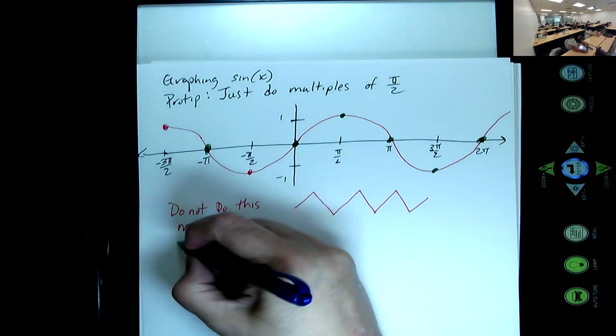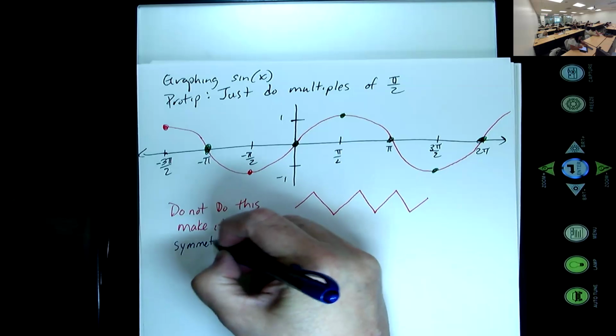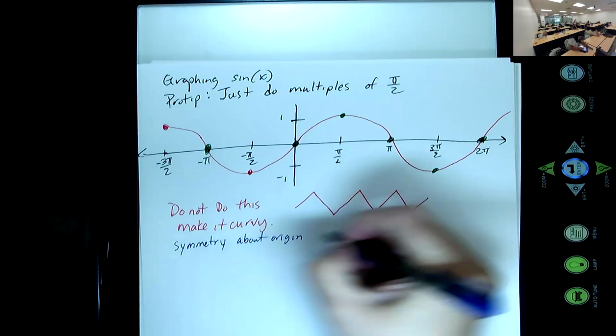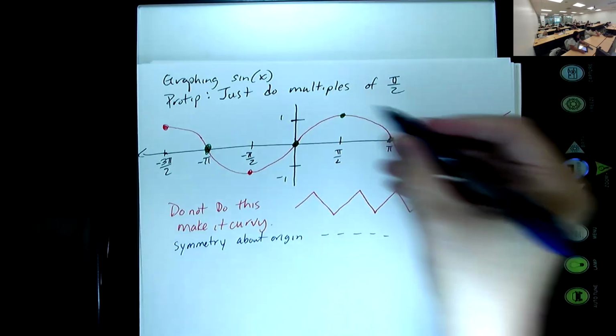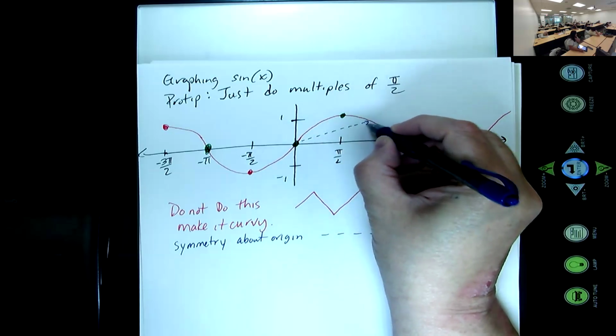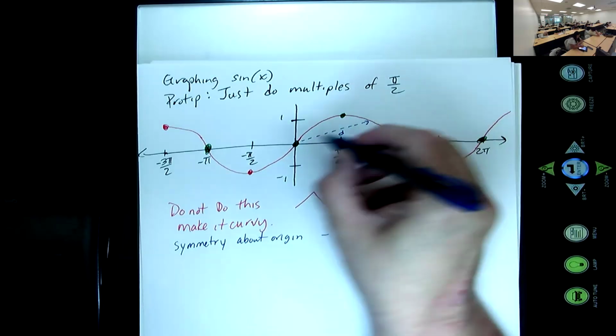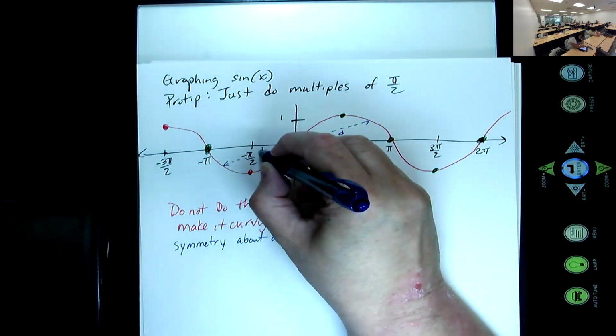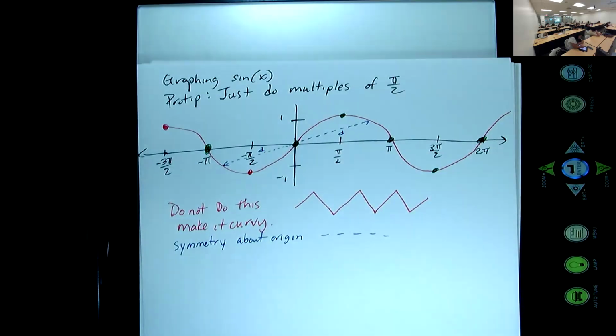So the symmetry about the origin, I'm going to do with a dashed line. If I go this far in this direction, a distance d, I can go that far the exact opposite direction, a distance d, and I'll hit the graph. That's what symmetry about the origin meant. And assuming I drew the graph well, those should be the same length.